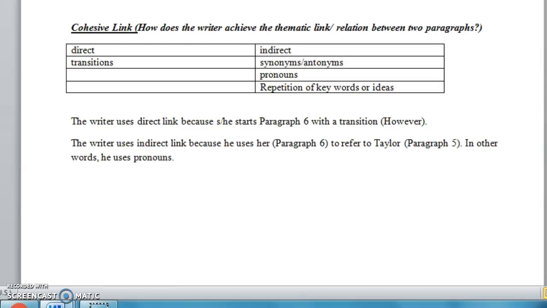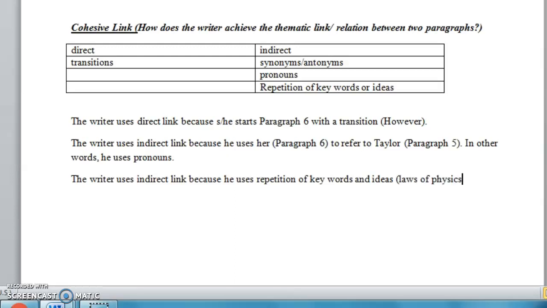Here, the writer uses indirect link because he uses repetition of keywords and ideas. We have to put what these keywords and ideas are. Laws of physics, and the other one, I think it's infinite, yeah.